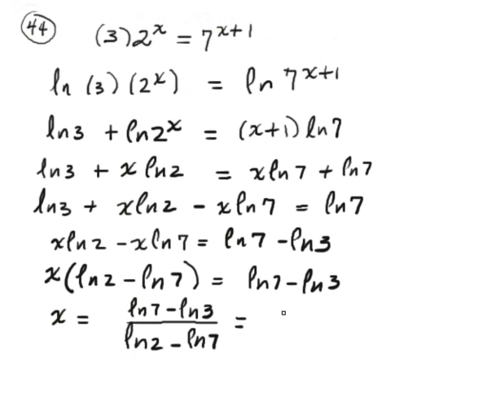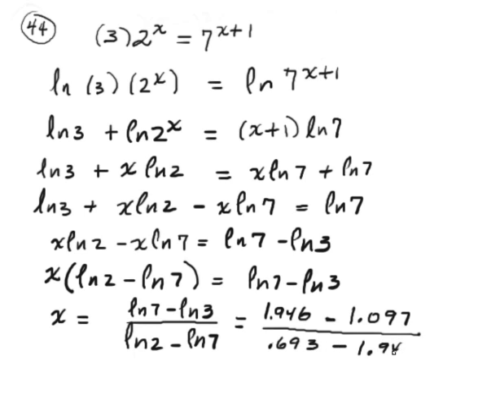Okay, so that's 1.946 minus ln 3, 1.097, and here we have ln 2, 0.693 minus ln 7, that was 1.946.